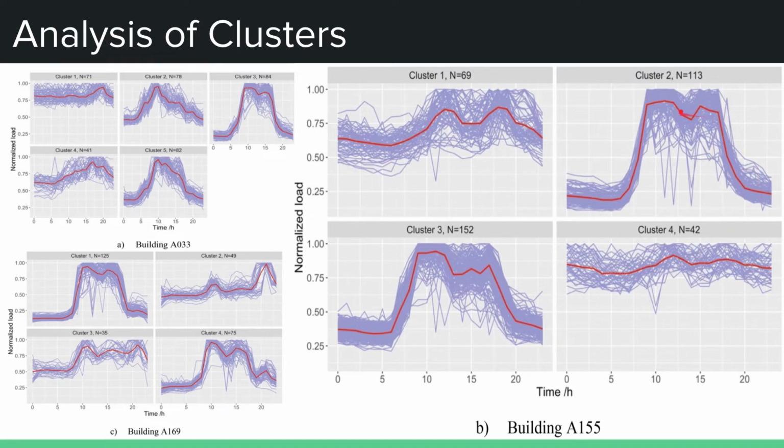Cluster 1 and cluster 2 also have similar patterns, except cluster 1 has 2 peak usages, around 16 and it could be around 17 or 18. But cluster 4 has low and constant electricity usage, indicating that this pattern might represent when the buildings are unoccupied or not in use.